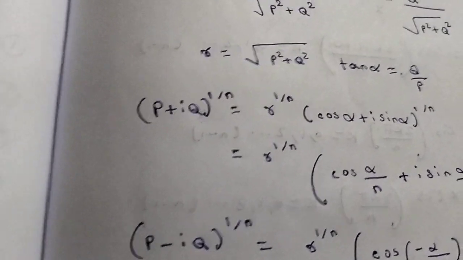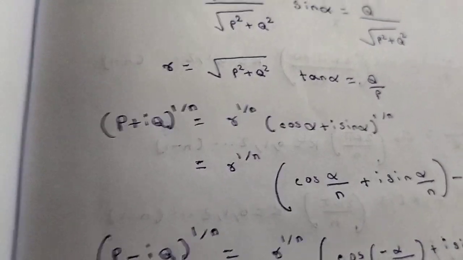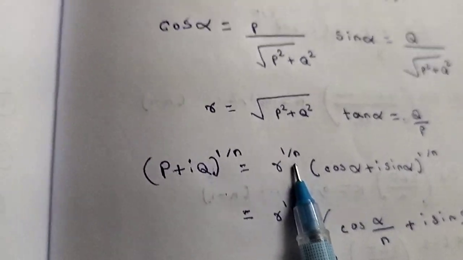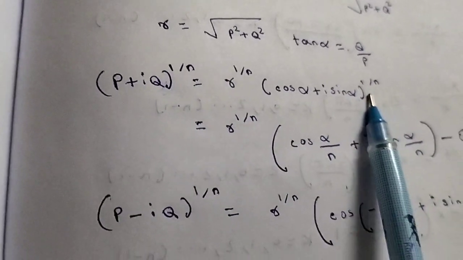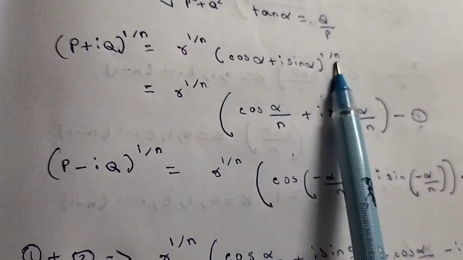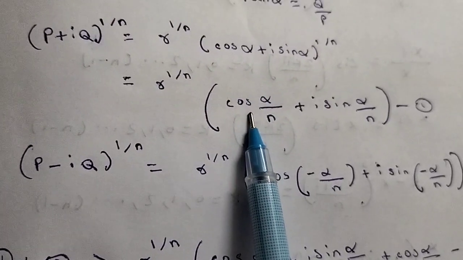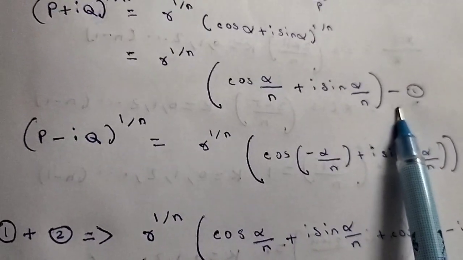Now I am doing p + iq whole to the power of 1/n. So what will become here is r to the power of 1/n, and this whole to the power of 1/n into this. Then you will get cos(alpha/n) + i sin(alpha/n).